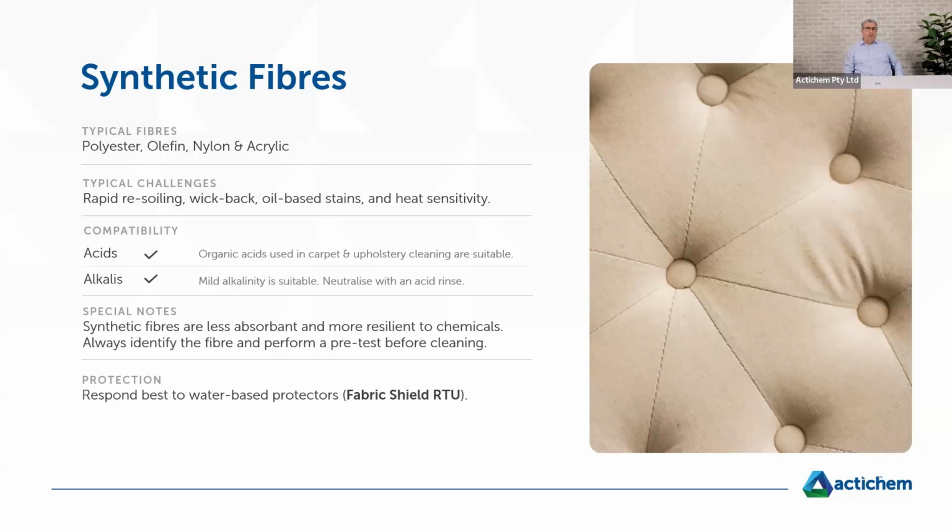On natural fibers, we prefer the solvent-based. That's Fabric Shield SV. Natural fibers respond a lot better to a solvent-based protector. It helps overcome the dangers of browning, water spotting, and also is better for the dyes as well.